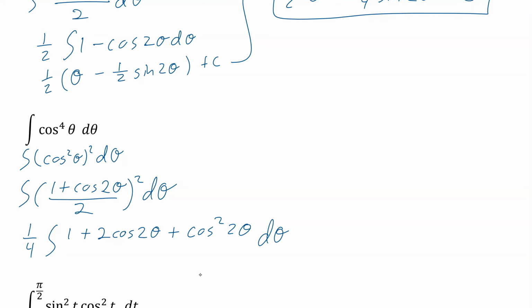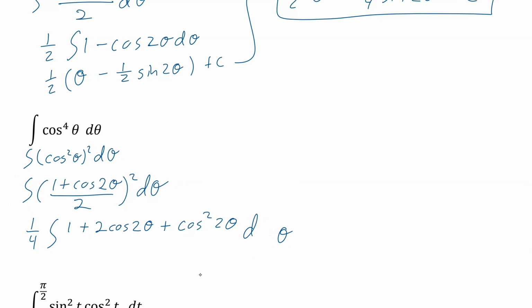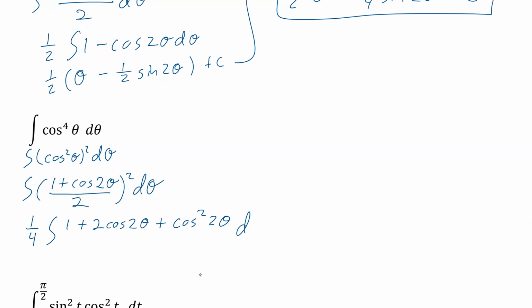And you go, oh, there's a square. Well, we just do it again. So this would become 1/4. In fact, I can actually write it down there, and I think I'm going to do that. So let me shrink this a bit. Come back and grab the theta. All right. This is 1/4 integral 1 plus 2 cosine 2 theta plus, and then we do it again.